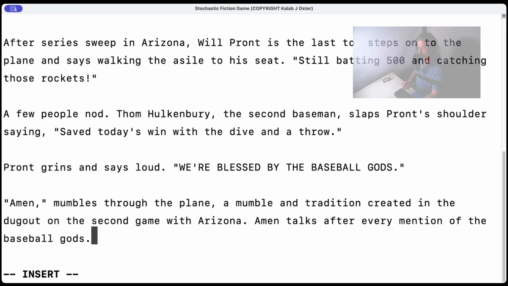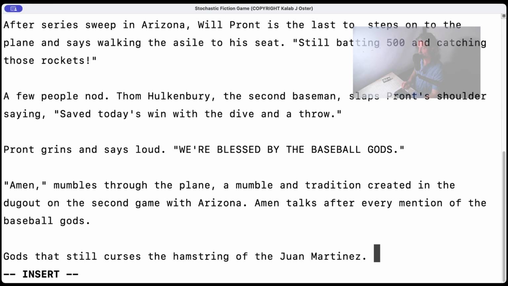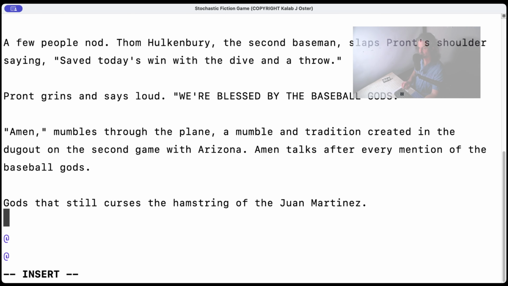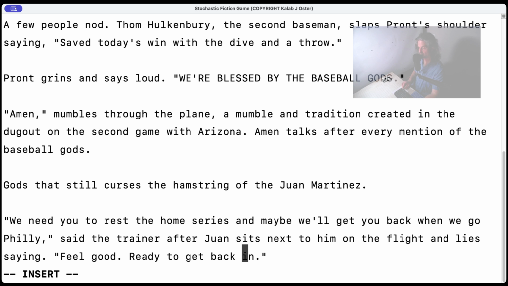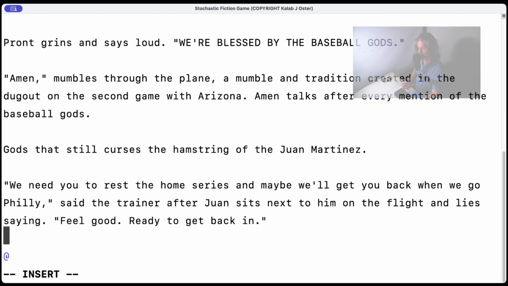Prompt grins and says loud, "We're blessed by the baseball gods." "Amen," mumbles through the plane, a mumble and tradition created in the dugout on the second game with Arizona. "Amen" talks after every mention of the baseball gods. Gods that still curse the hamstring of Juan Martinez.